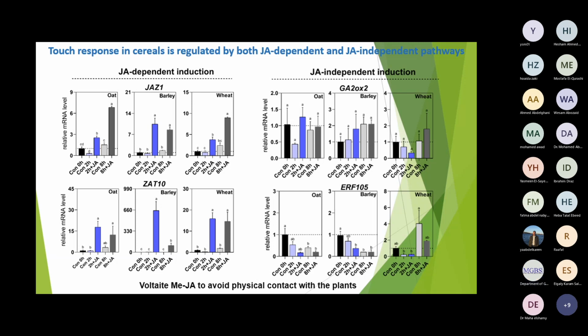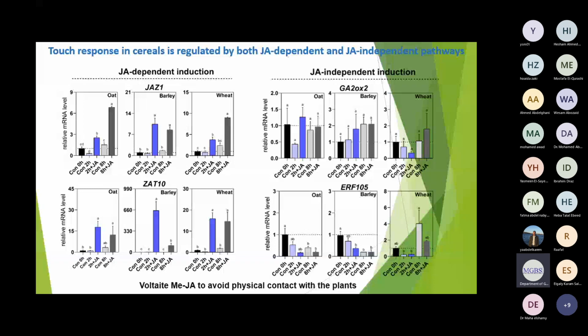There is a clear increase after 2 hours, and a significant increase after 8 hours. So it means these plants respond to touch, and there is a jasmonic acid dependent induction.